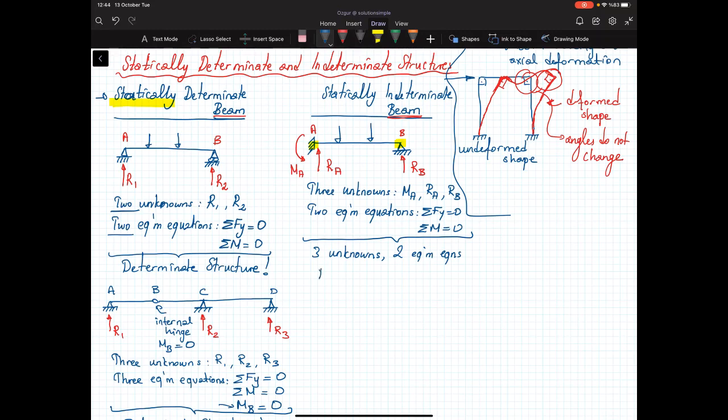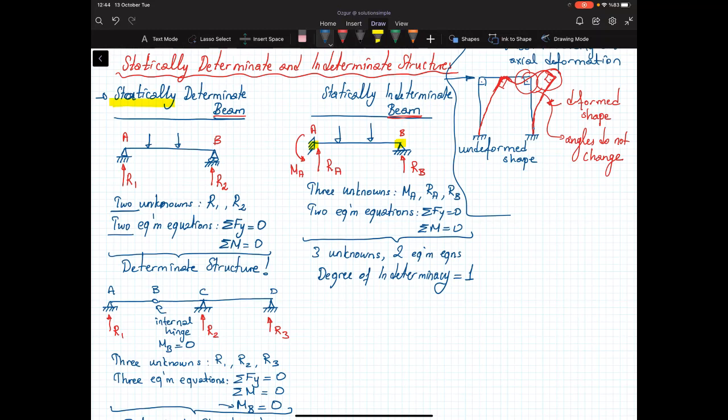So the degree of indeterminacy is 1. I need one additional equation to analyze that structure.